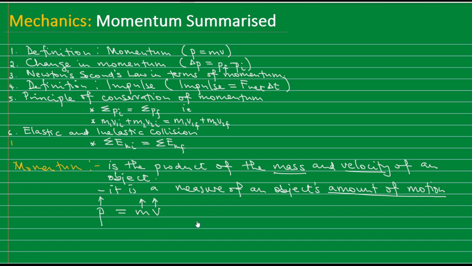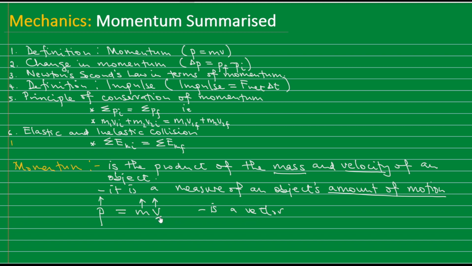One thing we also need to remember here is that momentum is a vector, and the vector is determined by the direction of the velocity. Remember, velocity is a vector. A vector is a quantity that is with magnitude and direction. So when we specify momentum, we also need to specify the magnitude and the direction.